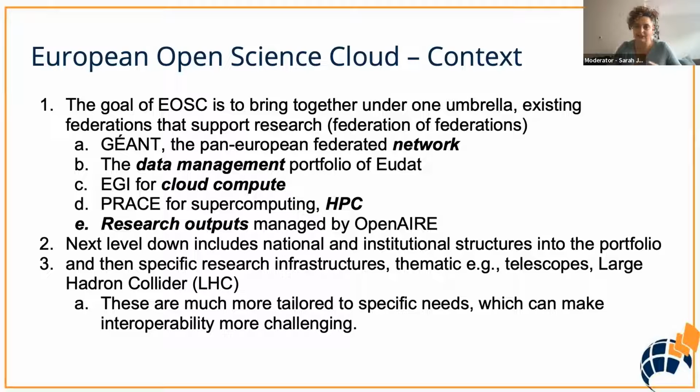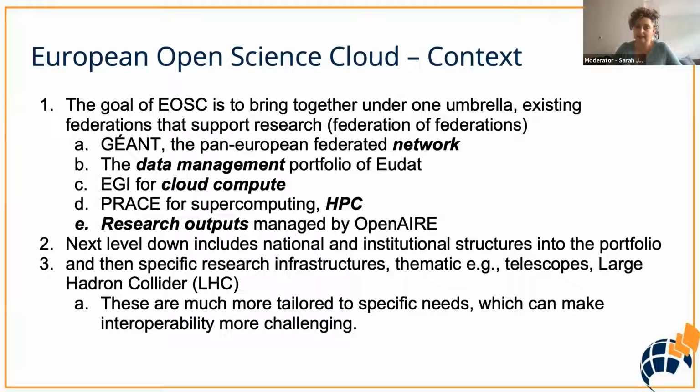And this is essentially the cross-cutting horizontal underlying services. And then we also have all of the national and institutional infrastructures. So we have things like the Large Hadron Collider, we have research infrastructures in different thematic areas, and we want to bring those together. We merge the e-infrastructures and the research infrastructures so that we have this EOSC environment or ecosystem or platform.